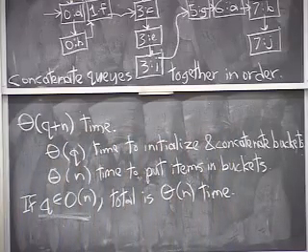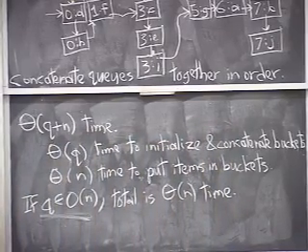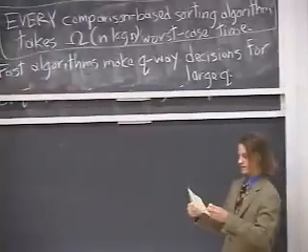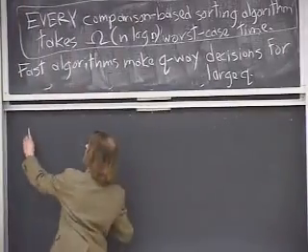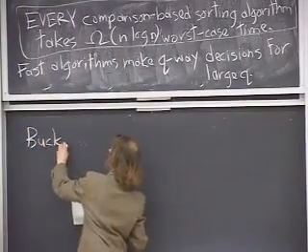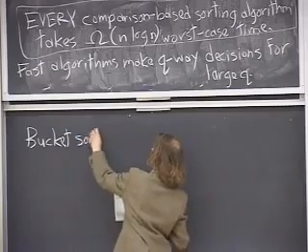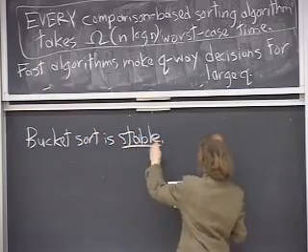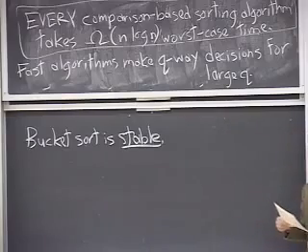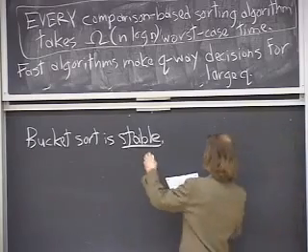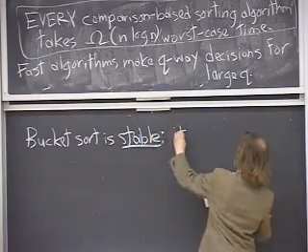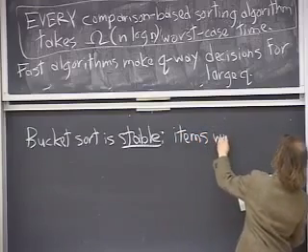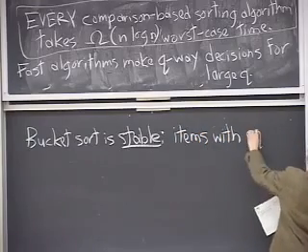So one of the nice things about bucket sort is that it's stable. What does it mean for a sort to be stable? It means that items with equal keys come out in the same order they went in.